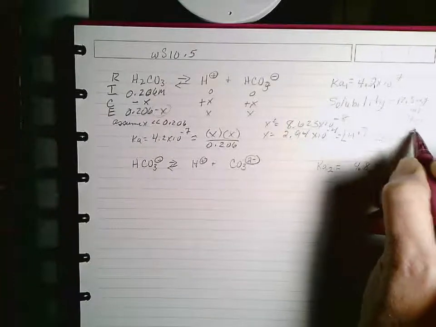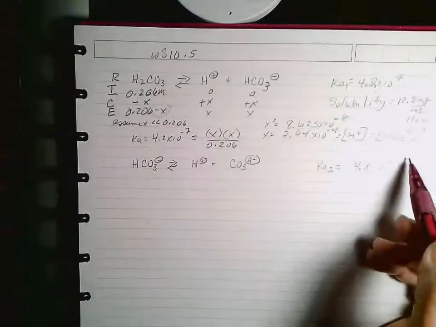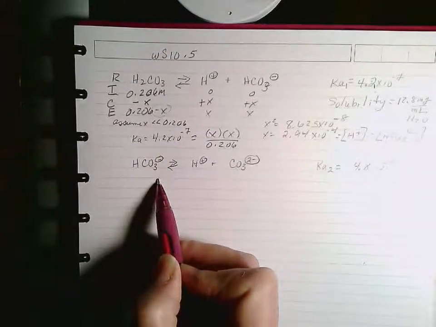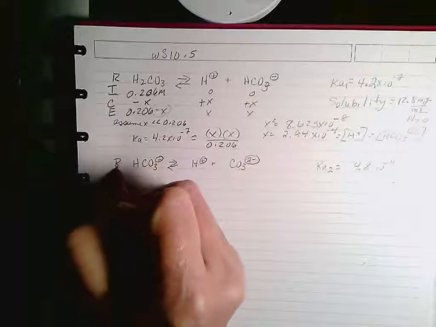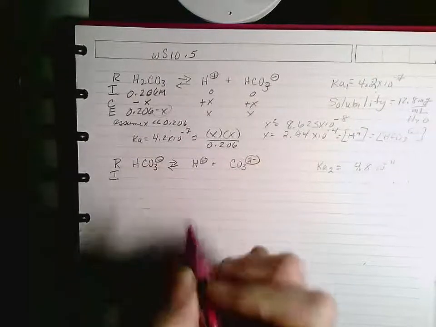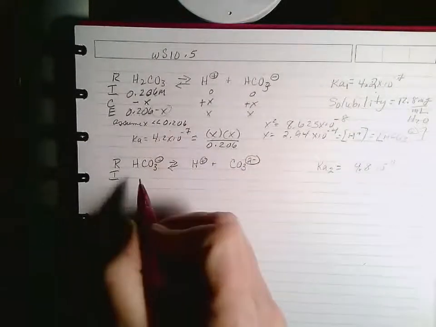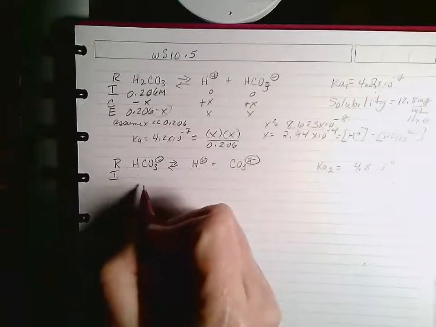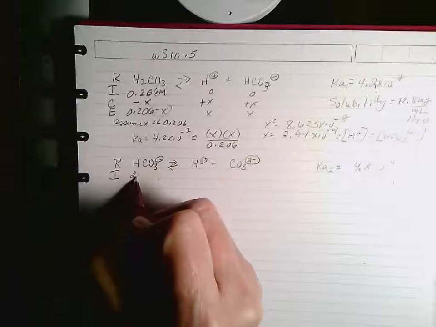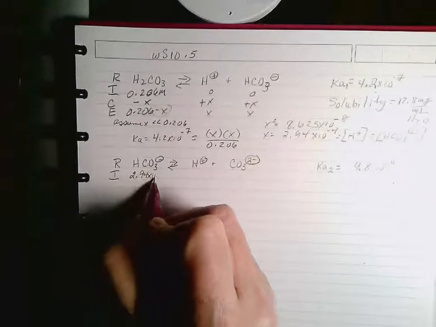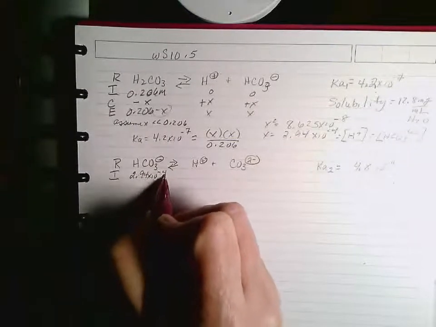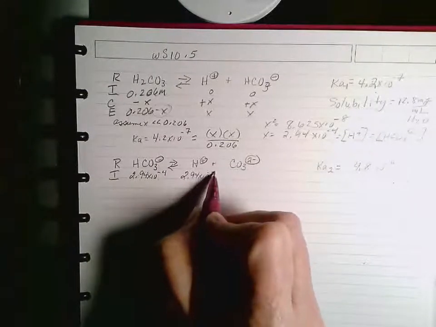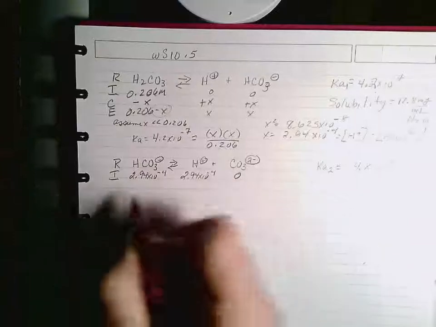So now that I have these two answers, they're going to come down here and we're going to do another ICE table. So here's my reaction. My initial concentration now, however, will have numbers both here and here. So this will be 2.94 times 10 to the negative fourth, this will be 2.94 times 10 to the negative fourth, and this will be 0.